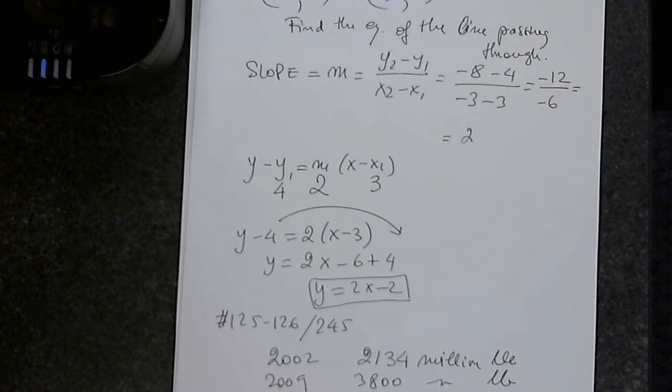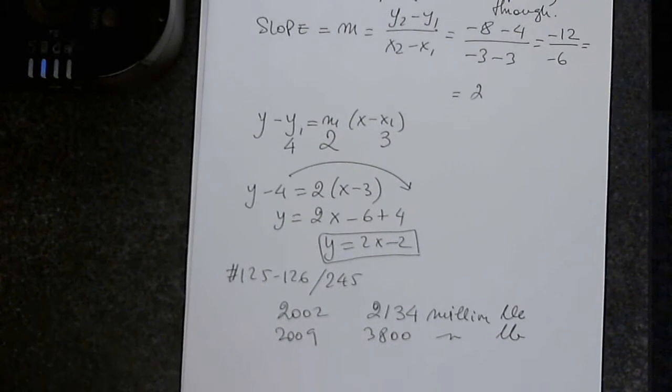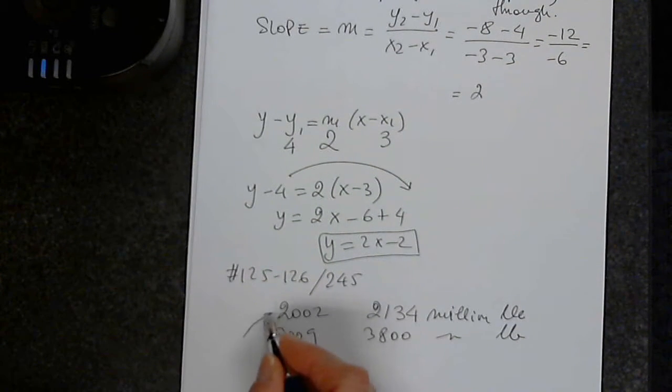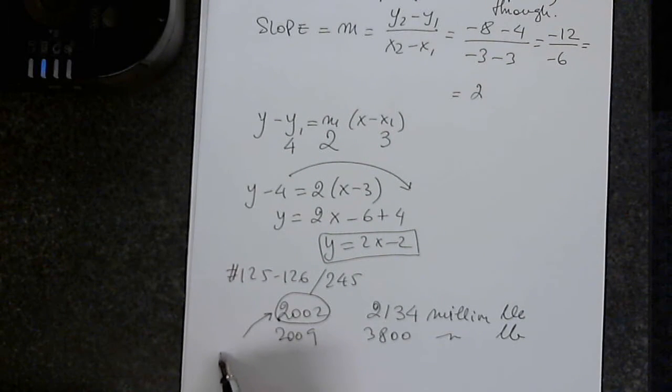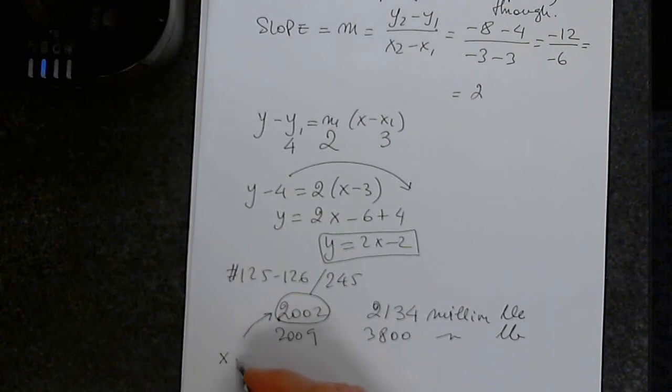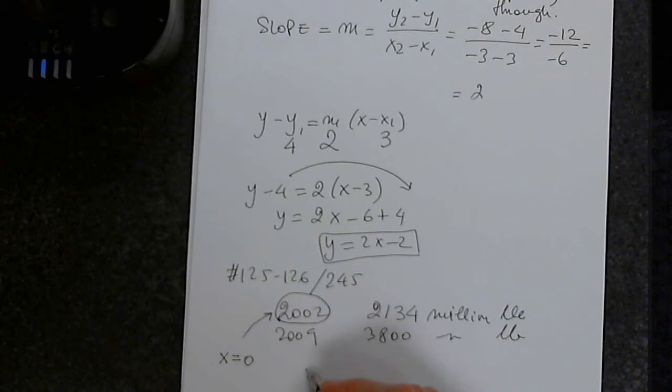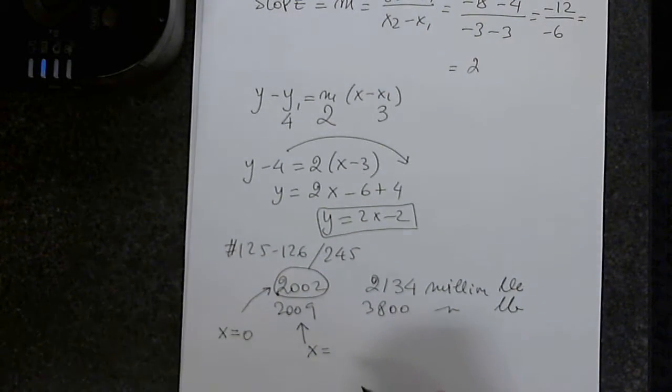X is the number of years past 2002. So if x is the number of years past 2002, what will 2002 represent? X equals 0. Perfect. What will 2009 represent? X equals 9? Careful. 7. Good.